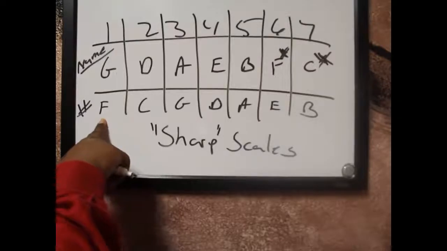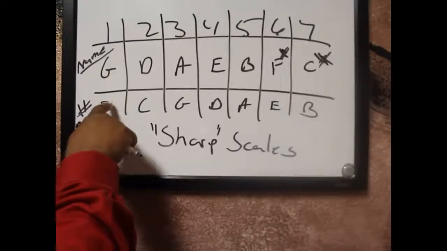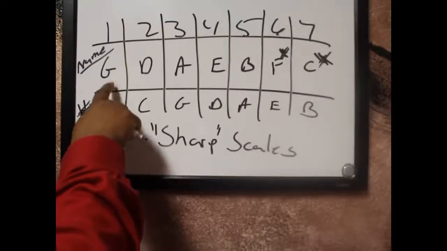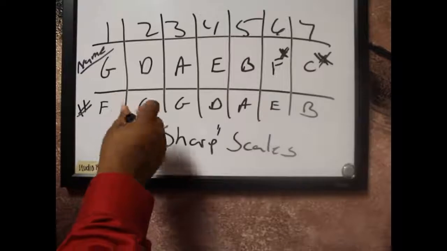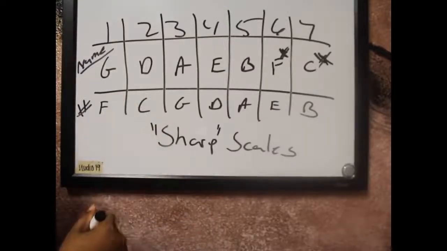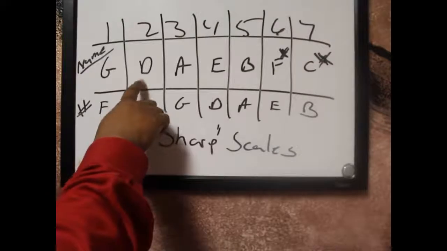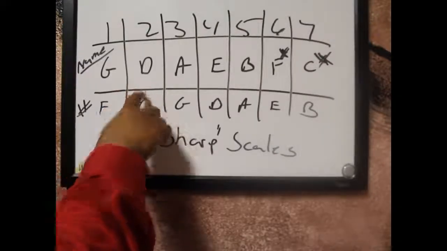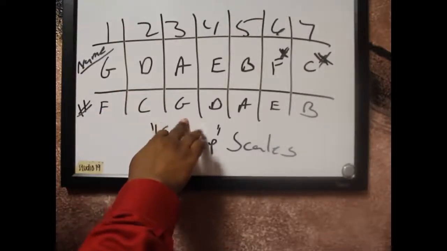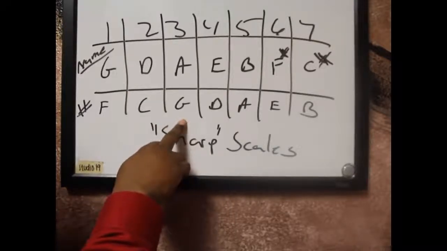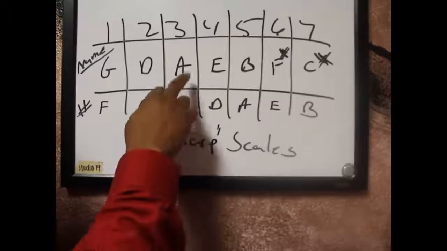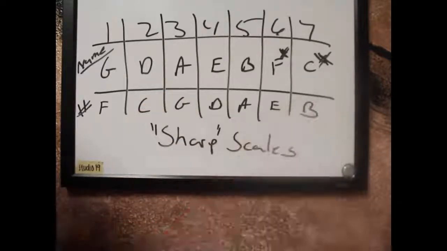Here, F is the only sharp, thus it's the first and the last sharp, and a half step up from F sharp is G. Here, there are two sharps, the last sharp being C, and a half step up from C is D. So that's the name of the key. Here, the last sharp of F sharp, C sharp, and G sharp is G sharp. A half step up from G sharp is A. And the pattern continues.